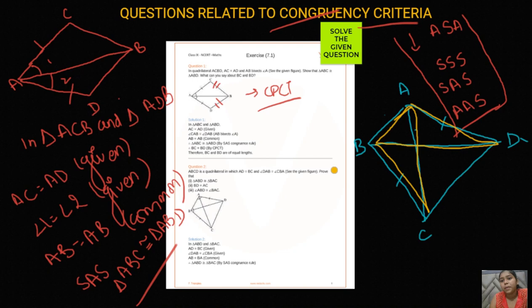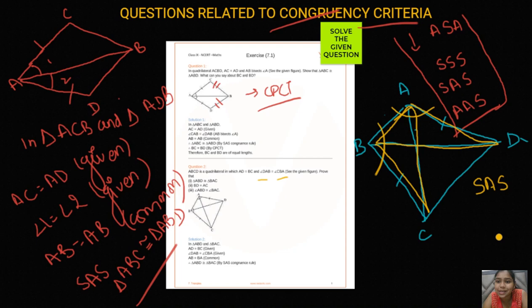Then AB is common. Then angle DAB is equal to angle CBA; DAB is this angle and CBA is this angle, given. So by SAS congruency, both the triangles are congruent. So the first part is done. The second part is BD equals AC. By CPCT, BD will be equal to AC.